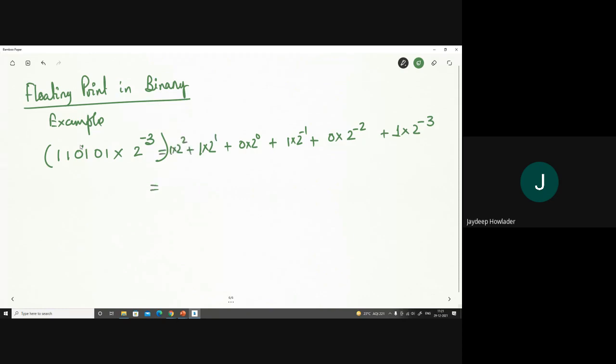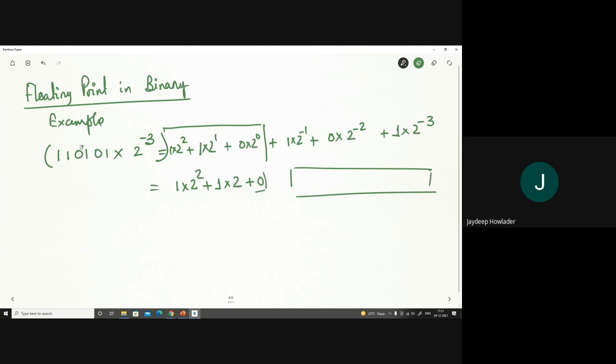Okay, and now we are able to evaluate. So this is a simple binary number which looks like 1 into 2 squared plus 1 into 2 plus 0, and this one is having the representation in the fractional part. Okay, so it looks like 4 plus 2 plus 0 is equal to 6. Okay, and then what is the other part?